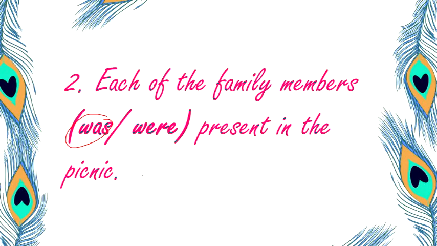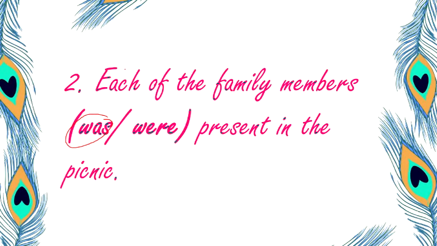Alright. Just see here, if the word each is not there, if you have the family members, then the plural is there. This family members is plural. In that case, the verb should be were. The family members were present. But when we write the word each, that means you are counting everyone.